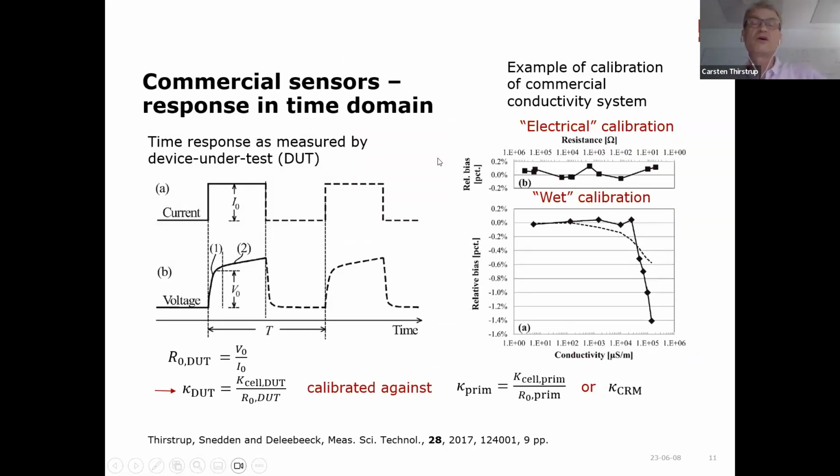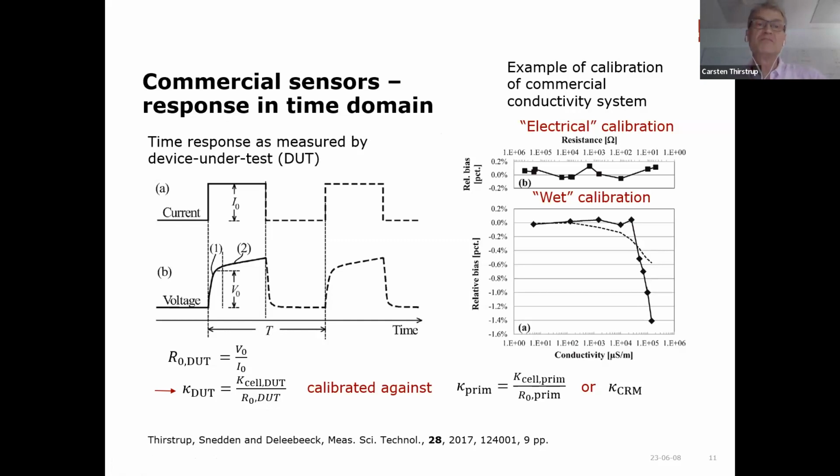Commercial electrolytic conductivity sensors normally use the time domain. As I showed you before, the measurements that we make in metrology are usually based on the frequency domain, and that can basically give a lower uncertainty.